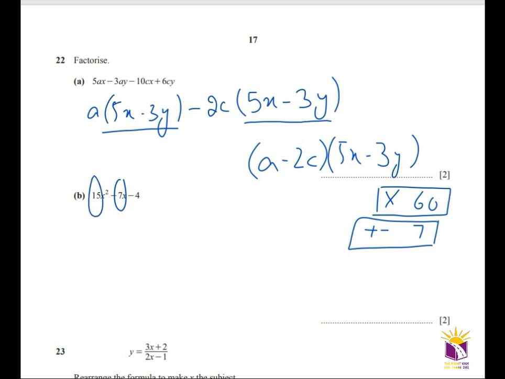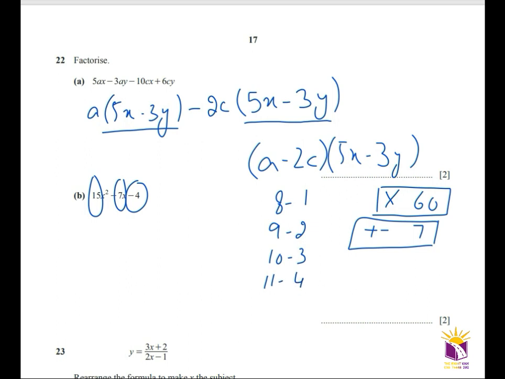As this is plus and this is minus, our factors are also of opposite signs. So I am going to write 8 minus 1, 9 minus 2, 10 minus 3, 11 minus 4.